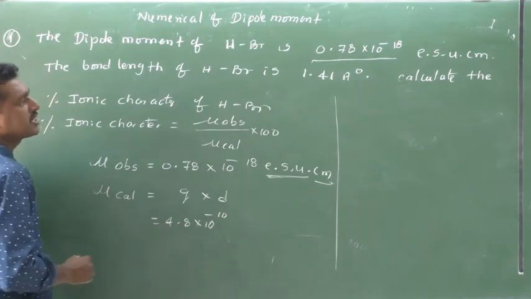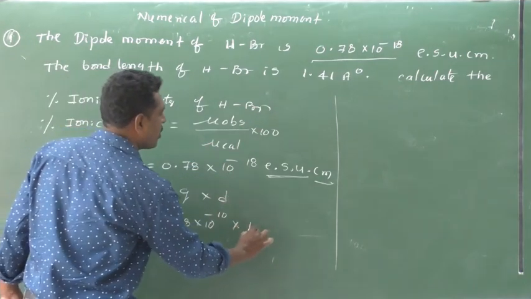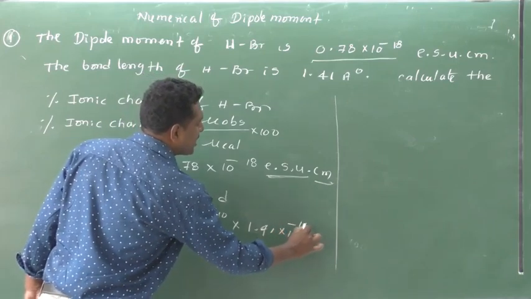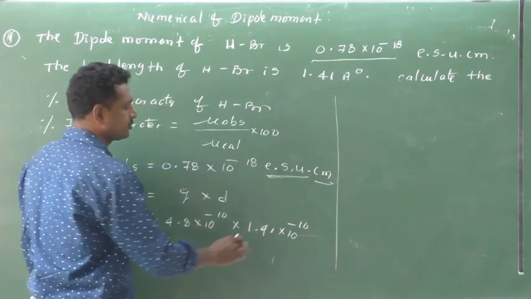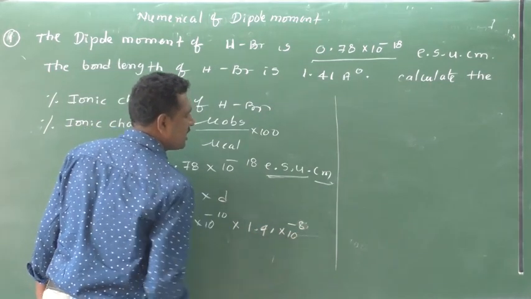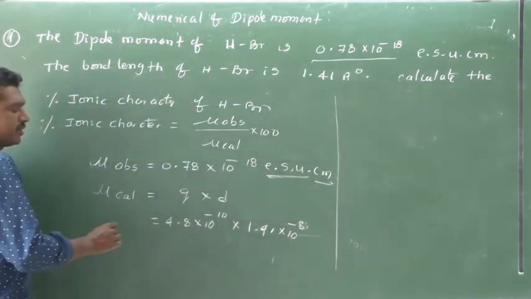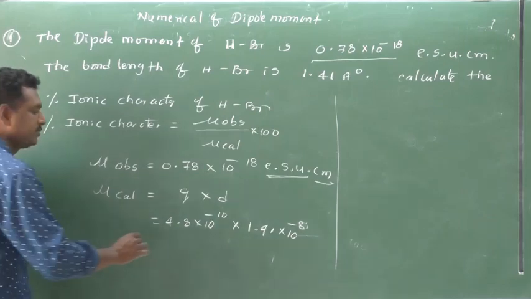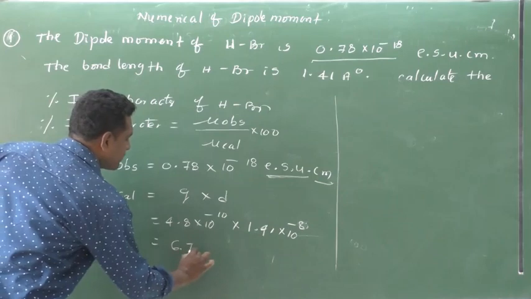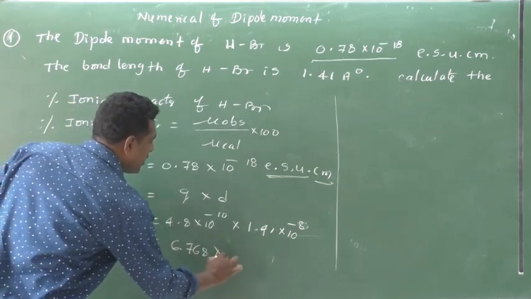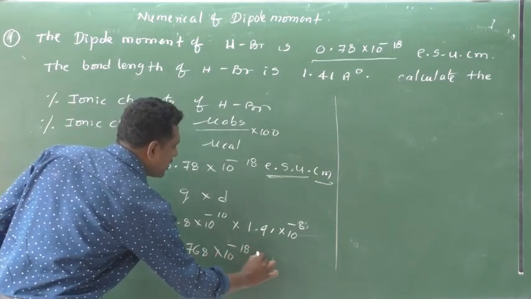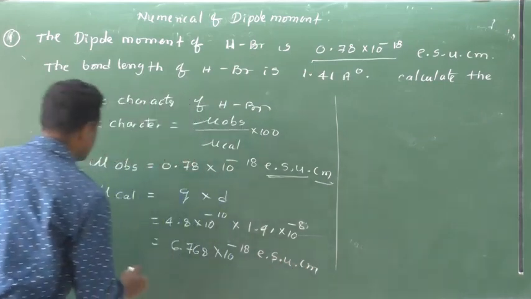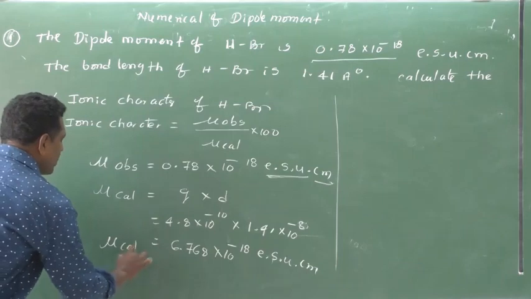The distance is given, 1.41 into 10 power minus 8 centimeters. Therefore, this value is 6.768 into 10 power minus 18 ESU centimeters. This is mu calculated.